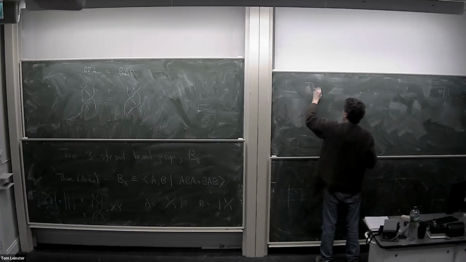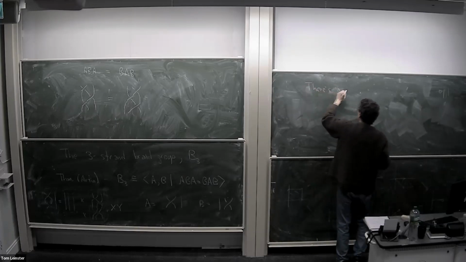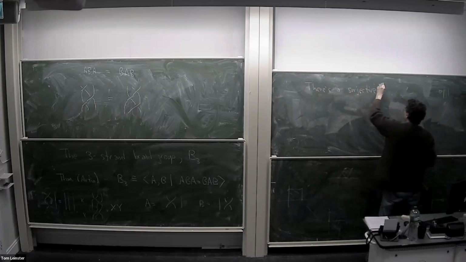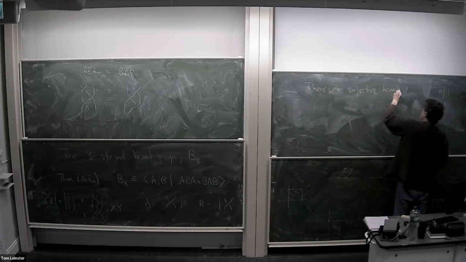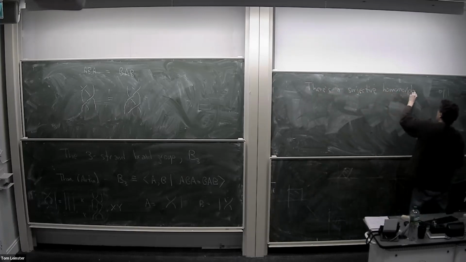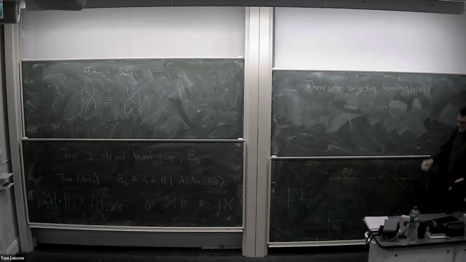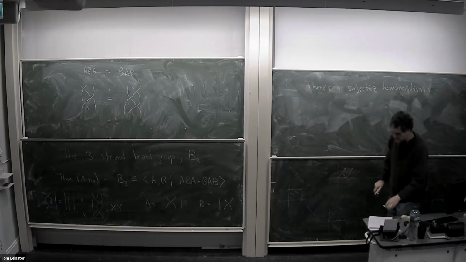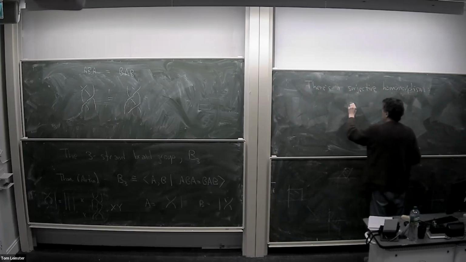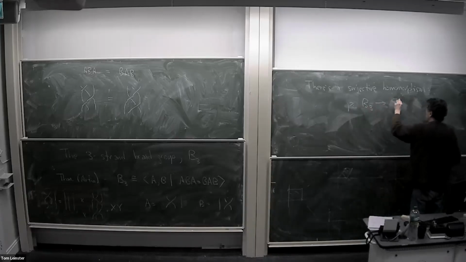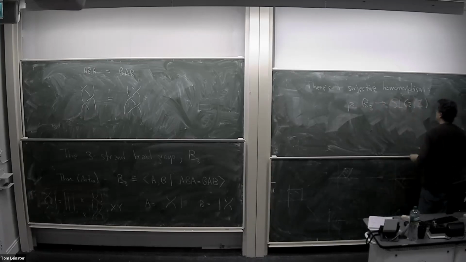There's a homomorphism, and it's onto, so a surjective homomorphism, or epimorphism if you prefer Greek to Latin, or onto homomorphism if you prefer English, but who likes that? So there's a surjective homomorphism from the 3-strand braid group to this other extremely famous group called SL2Z.